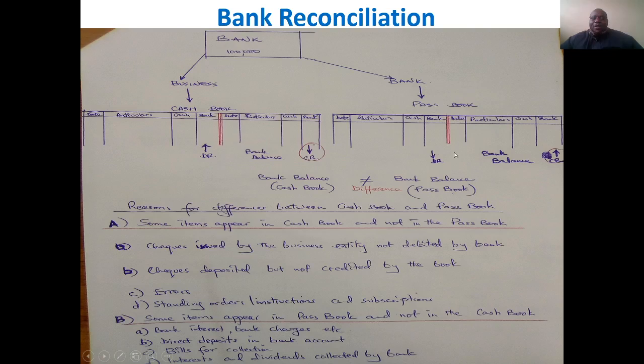The bank may follow some instructions, for example, pay this amount of money every end month, like salaries, subscriptions, rent, electricity, water, etc. So these will be reflected at the end of the month, but will not have been posted in the cash book in time because the bank statement is received after a month ends and we'll have done our cash book.